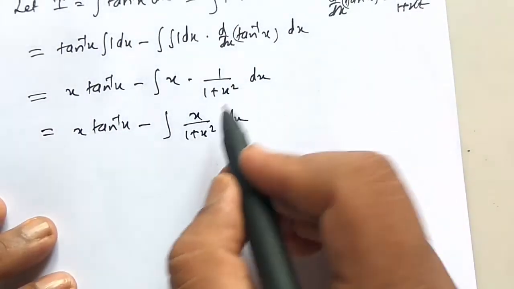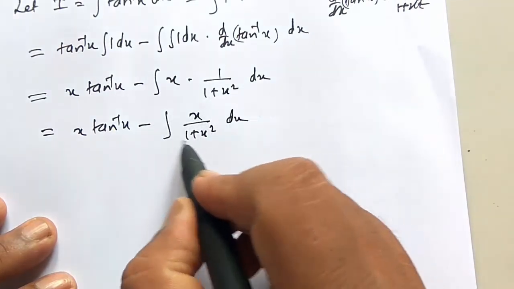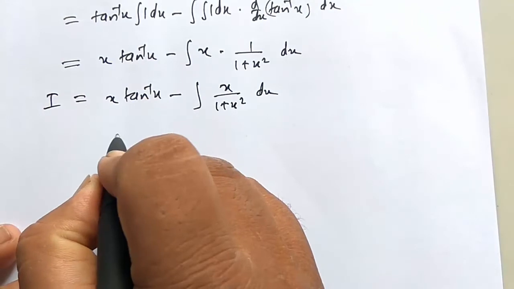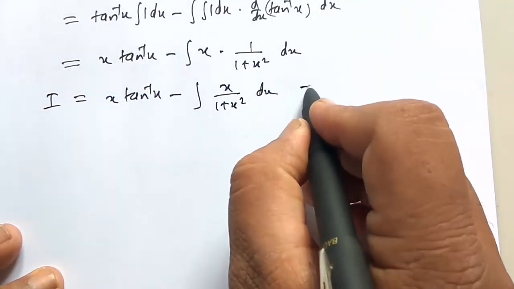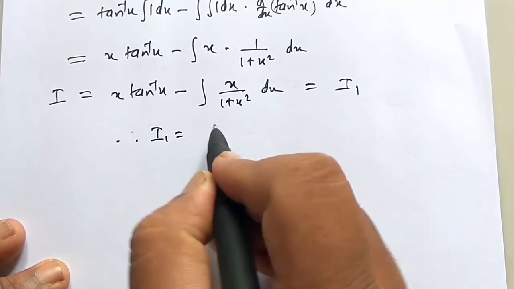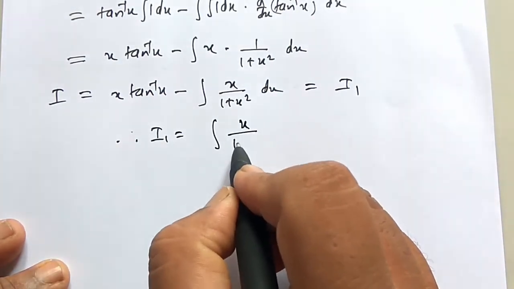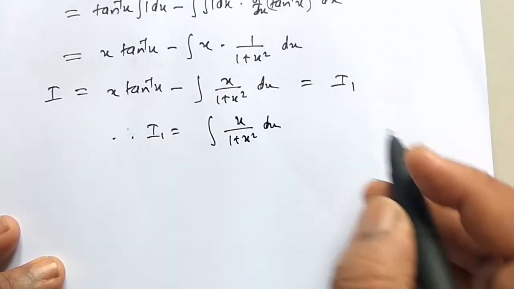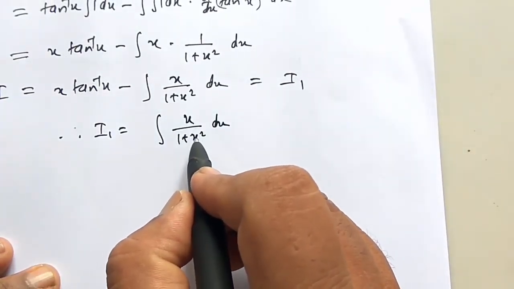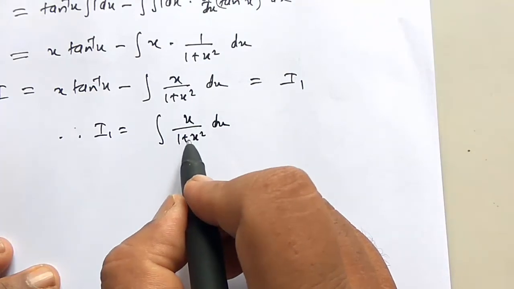Now the question is to evaluate this integration. Let us denote this as I1, and therefore I1 is equal to integration of x upon 1 plus x square dx. Derivative of 1 plus x square is equal to 2x.